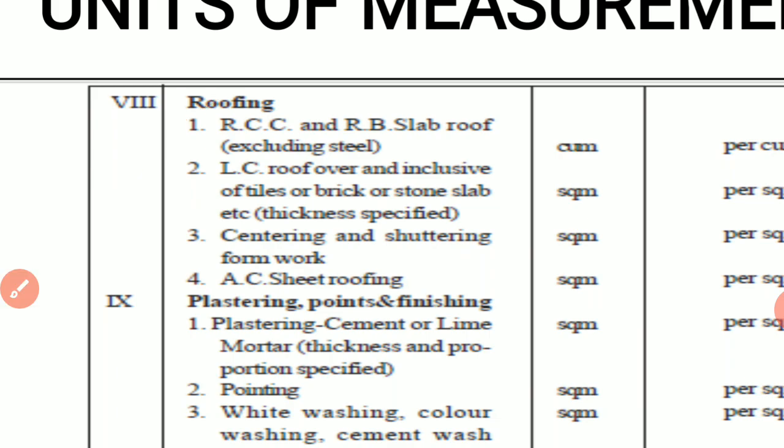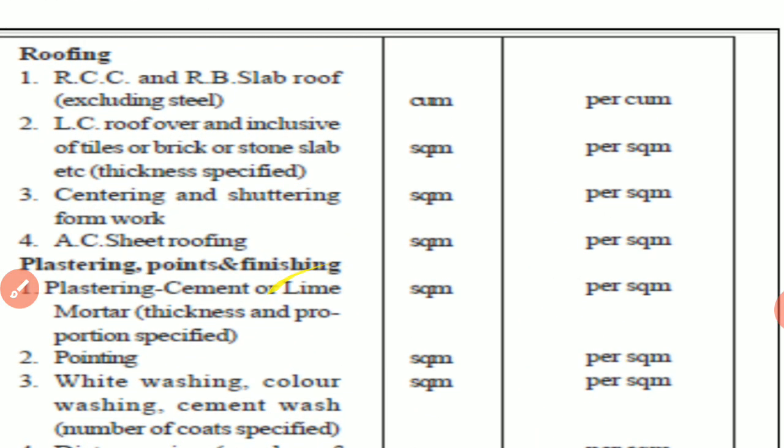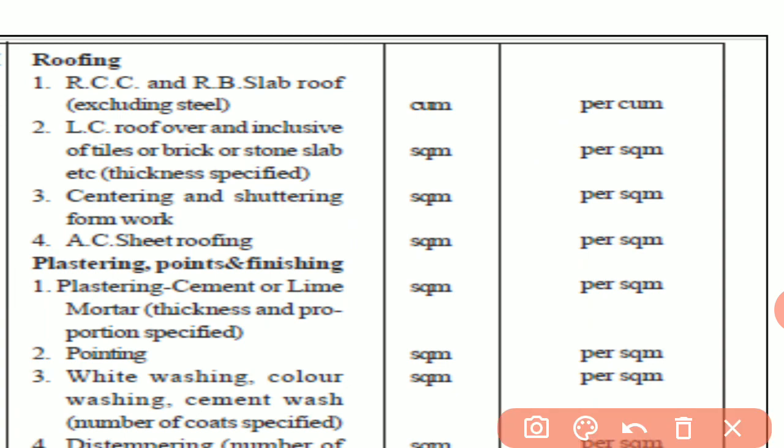Here, excluding steel, which is mentioned separately, it is measured in cubic meter. LC means lime concrete roof over and inclusive of tiles, brick or stone slab etc., thickness specified, in square meter. So mainly slab work with RCC or reinforced brickwork is measured in cubic meter, and anything other than this is measured in square meter.